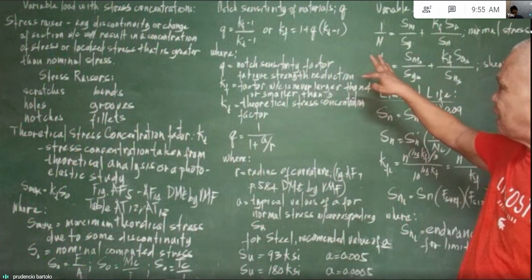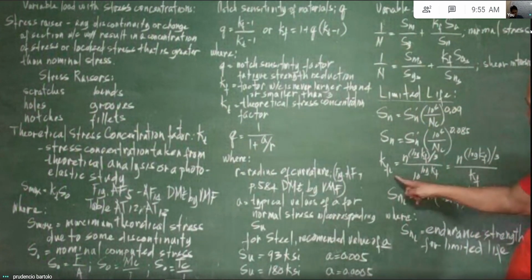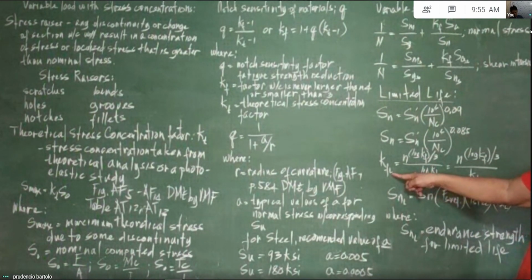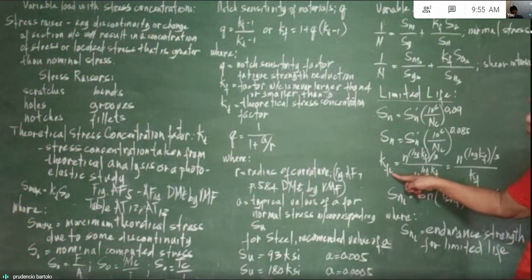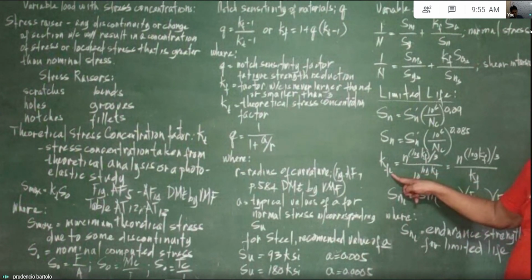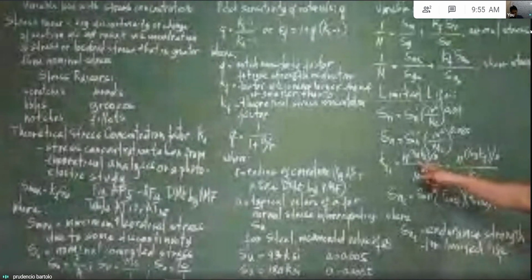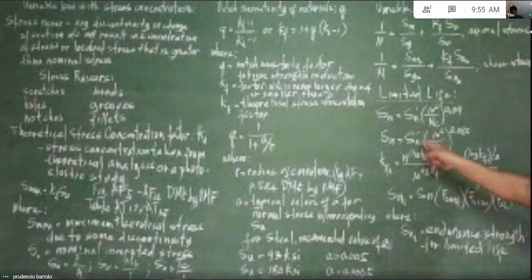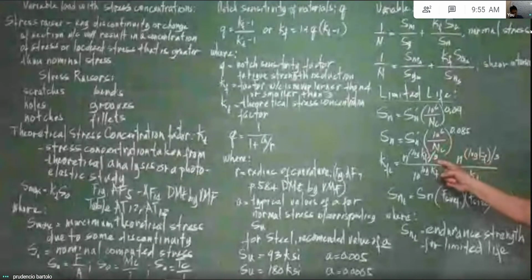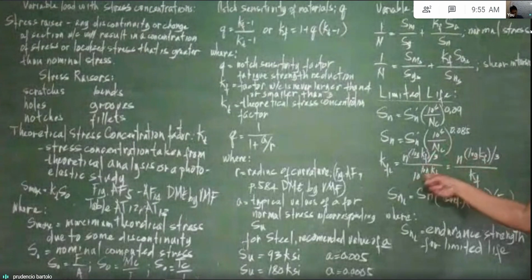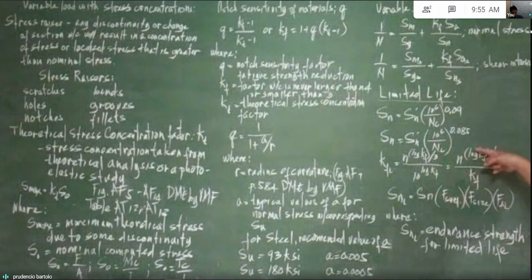The Kf, as stated, the fatigue strength reduction factor, with a subscript small letter L in there, meaning that is the Kf for limited life, is now equal to Kf raised to a power of log of Kf all over 3, all over 10 log of Kf, or Kf raised to a power of log Kf all over 3.